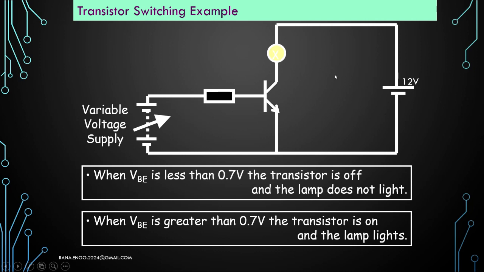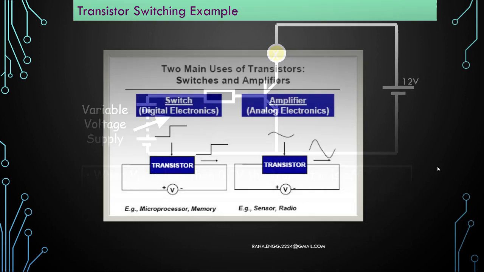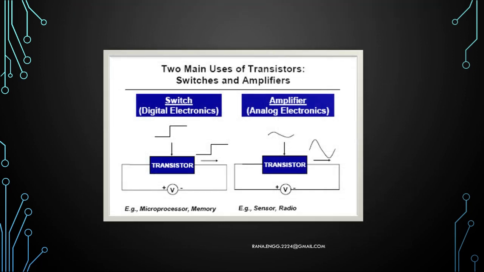Similarly, we will have output voltage and output current. Output is connected like this, that we will discuss in some time. So what we have to remember, we have switch and amplifier. These two are the widely used applications of transistors. Switch we use in digital electronics, like you are studying DE.